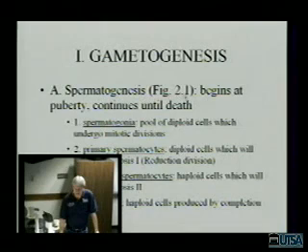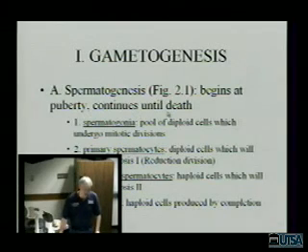Spermatogenesis, we'll look at figure 2.1 in just a moment, and several others. It begins at puberty and continues in males until death. So this is obviously, since it's pointed out so particularly, something that is distinctive from the female gametogenesis.